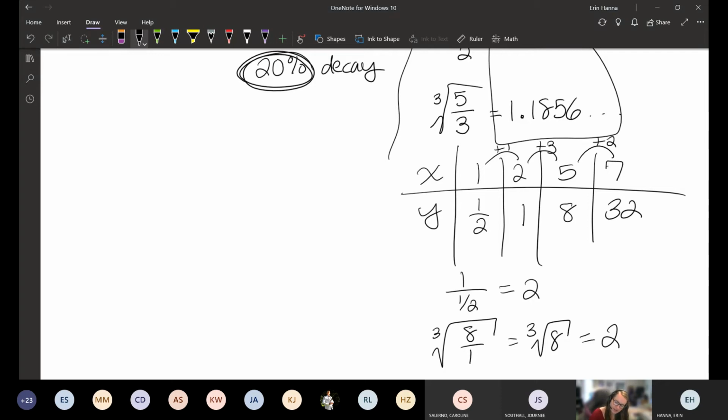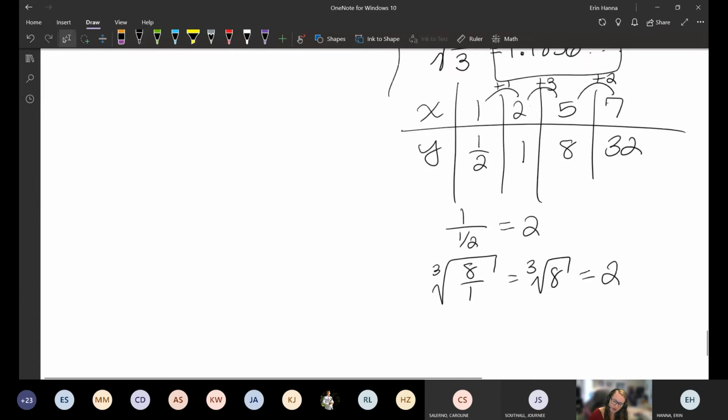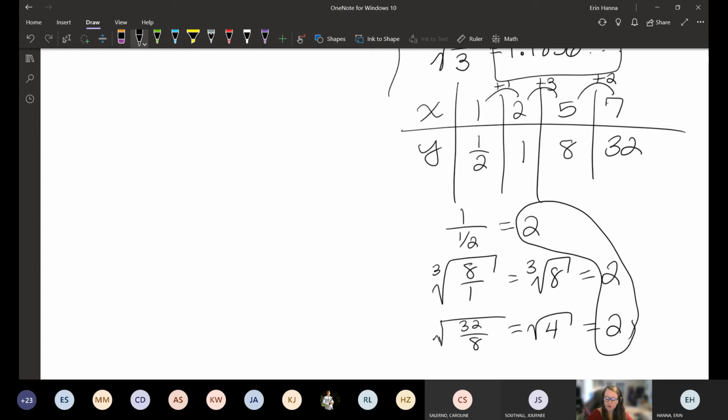Then this increases by 2, so we would need to take the square root of 32 divided by 8. 32 divided by 8 is 4, so the square root of 4 is 2. Since 2 equals 2 equals 2, this would be exponential.